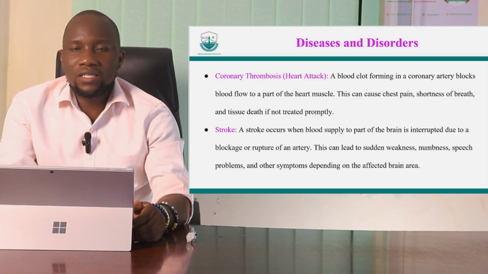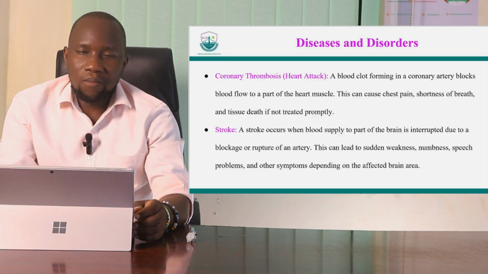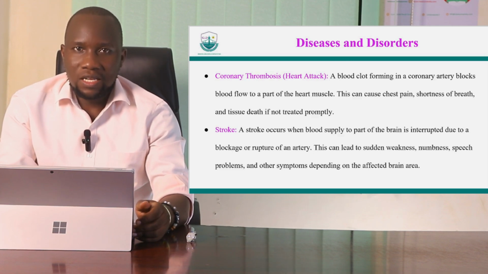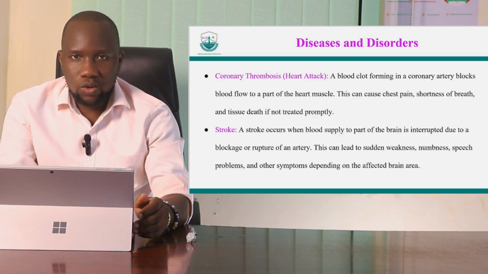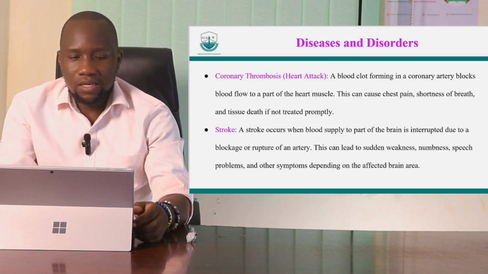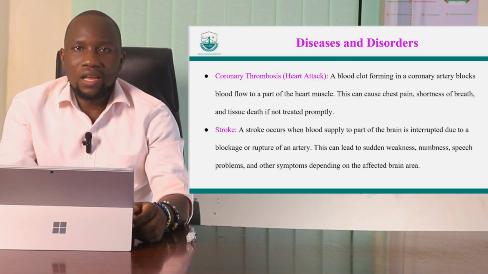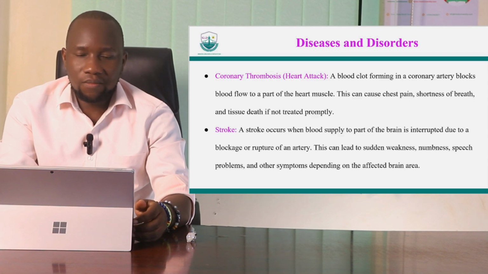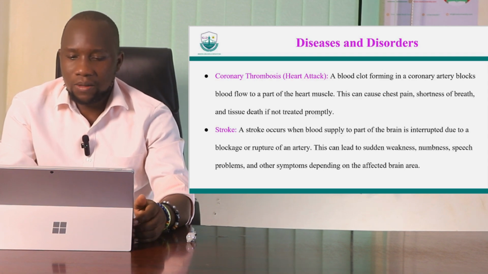So that means that if blood supply to the brain is interrupted, consequently the brain cells will actually die. Okay, and when the brain cells die, it actually results into death.